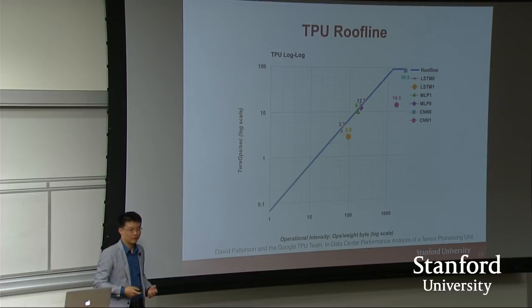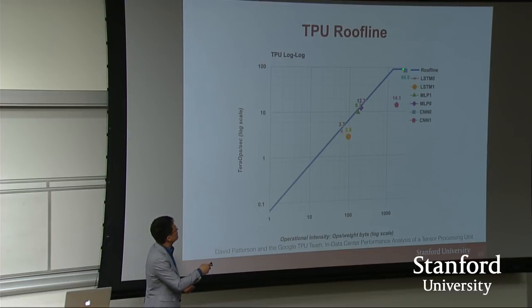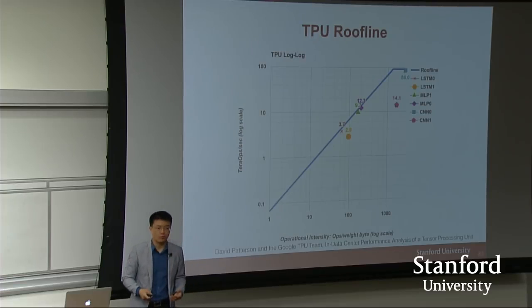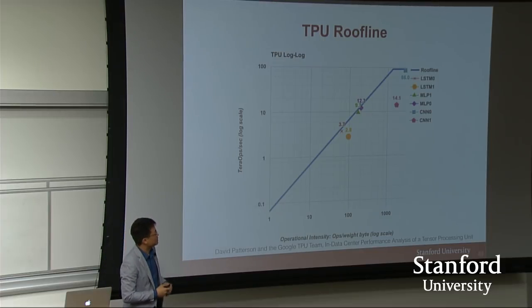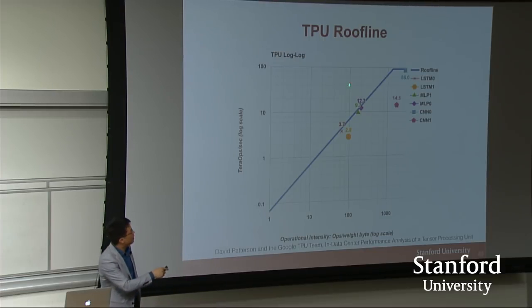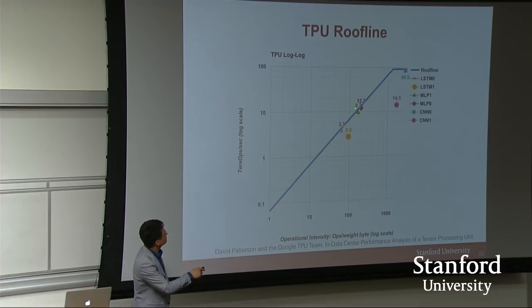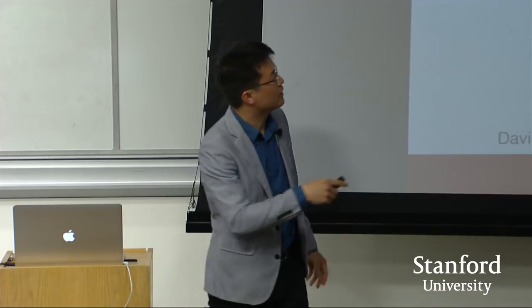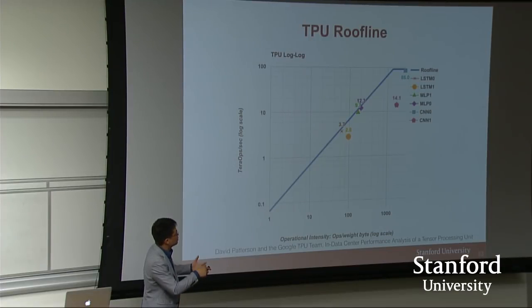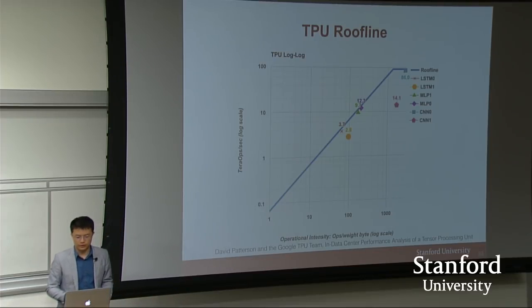So let's see, what is it like for the TPU? The TPU's peak performance is really high, about 90 TOPS per second. For those convolution nets, they are pretty much saturating the peak performance. But there are lots of neural networks that have a utilization of less than 10%, meaning that of the 90 TOPS per second, you actually achieve about 3 to 12 TOPS per second in real cases.